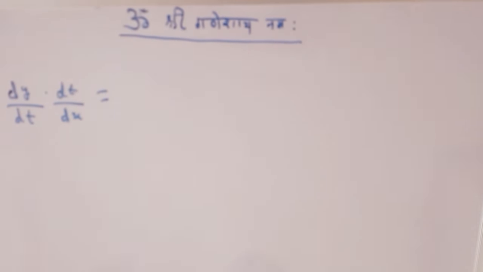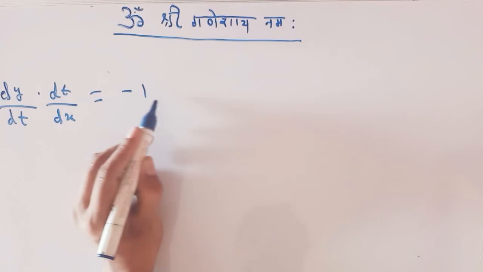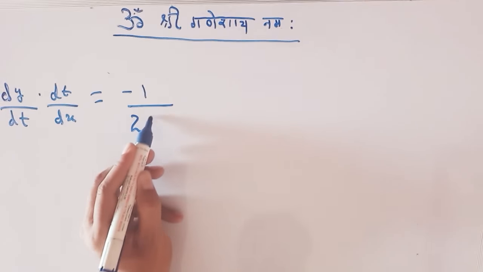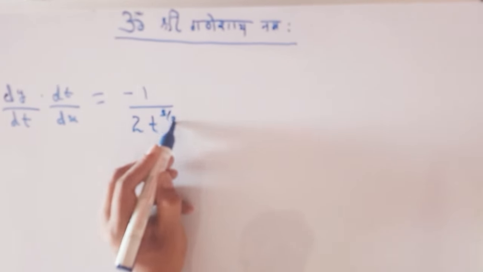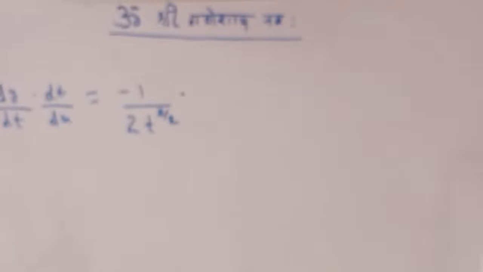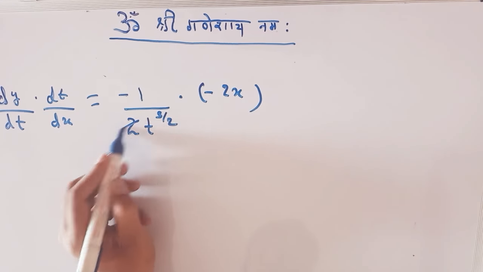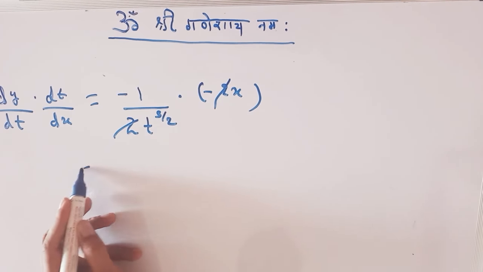So multiplying this, dy upon dt is minus 1 upon 2 t to the power 3 by 2 multiplied by dt upon dx, which is minus 2x. Cut these, minus minus will be plus.